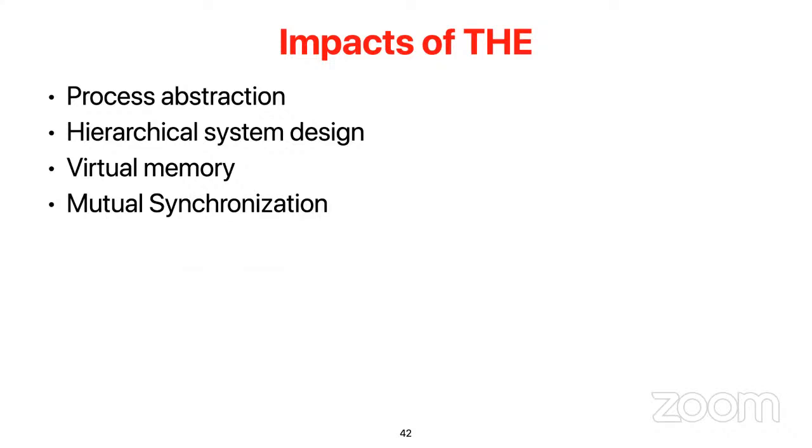It has the process abstraction. It has the hierarchical system design. It's the first paper that proposed the hierarchical system design. And the whole reason why they want a hierarchical system design is to facilitate debugging. The reason why networking uses the hierarchical system design is also to facilitate debugging and testing.